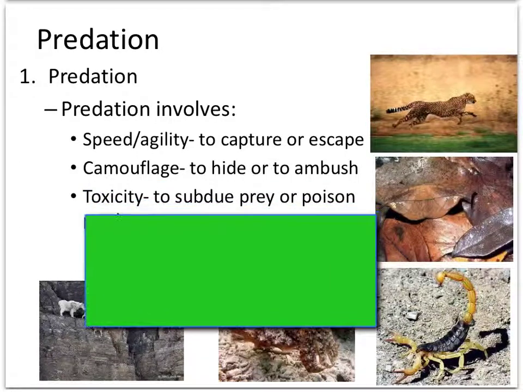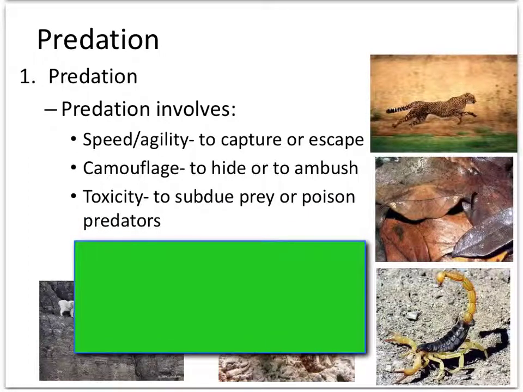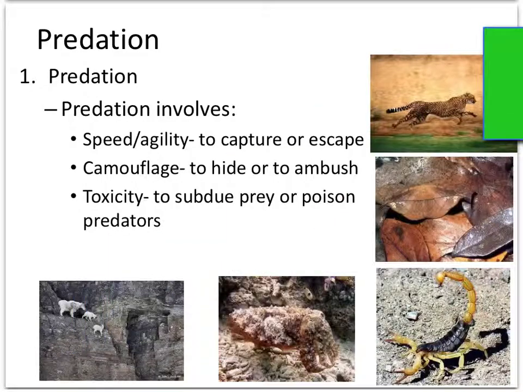And then toxicity would be something we probably often think of. I guess this could go both ways, right? Something to subdue prey, like this guy over here, but also if you're looking to get rid of predators and keep them at bay, you might use toxicity as well.